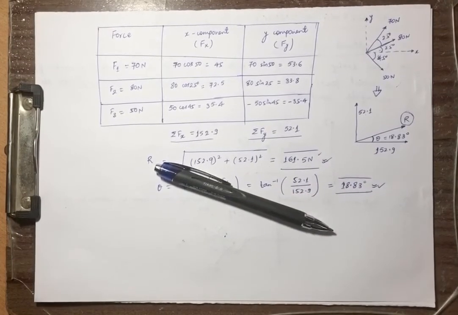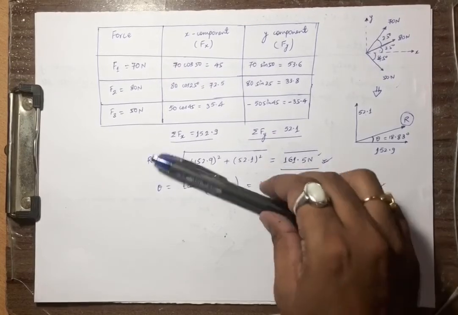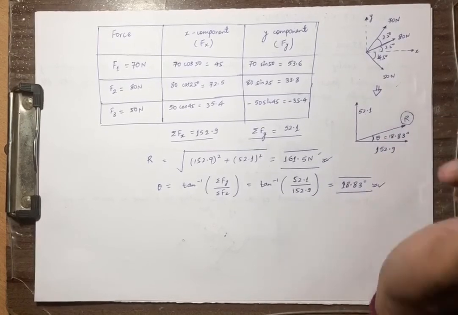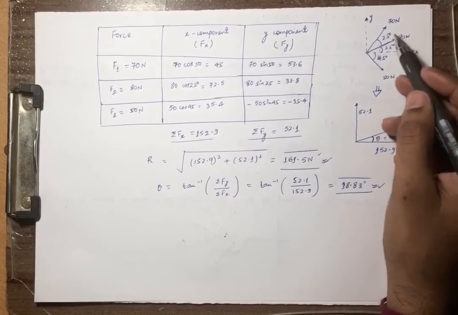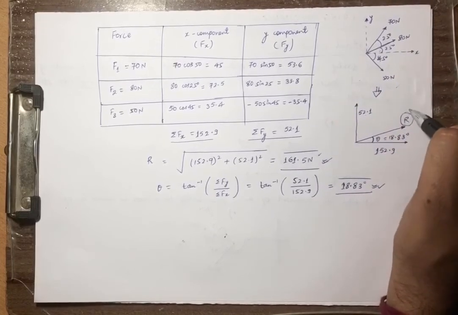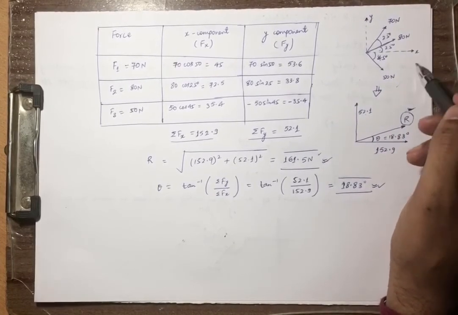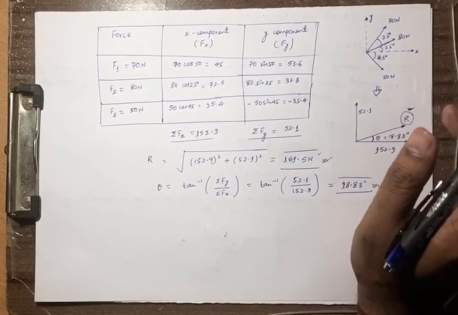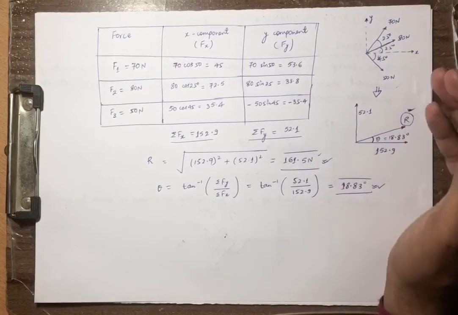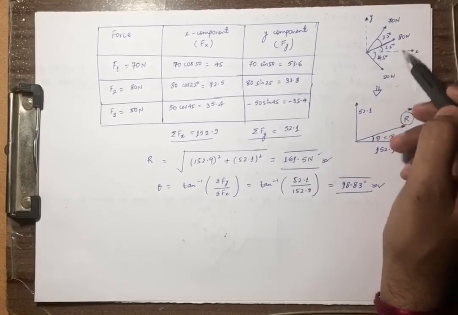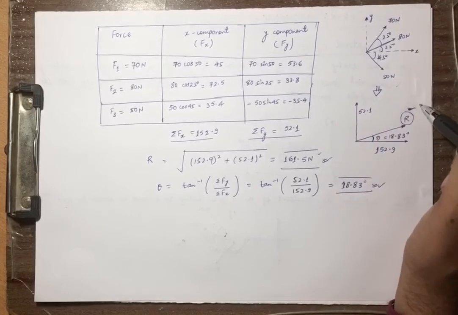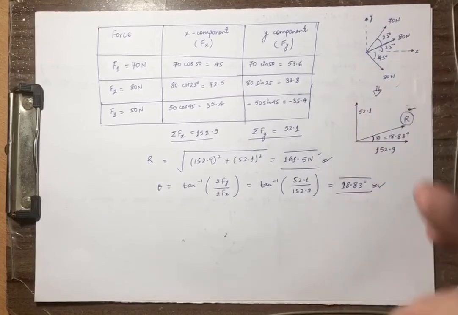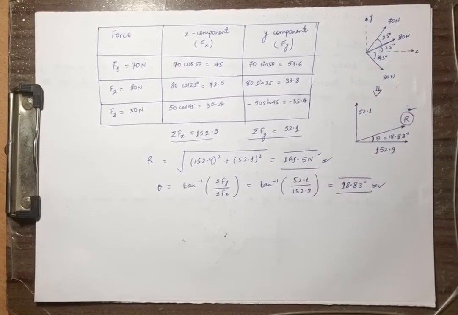You can easily see there are three forces here, and only one force there. Resolving these forces and finding the resultant is always simple to calculate and simple to analyze. Here we have to analyze three forces separately, here only one force is there, which is the resultant of all these forces. So this will be easier to analyze.